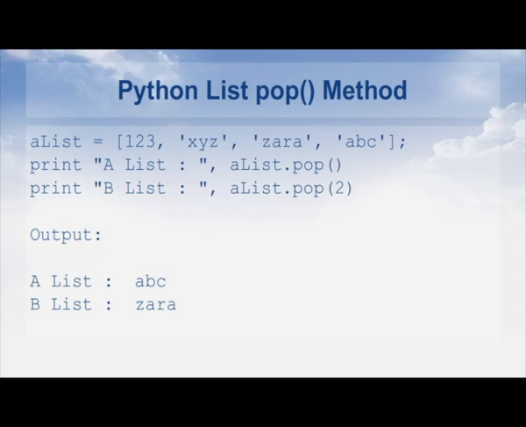ABC. Now, I can also use pop with an index value, say 2. When I say pop 2, whatever element is at index 2, that is also popped out. At index 2, 2 is 0, 1, 2, the third place. The third place we have string Zara and Zara is also popped out. So, you get the output as Zara.